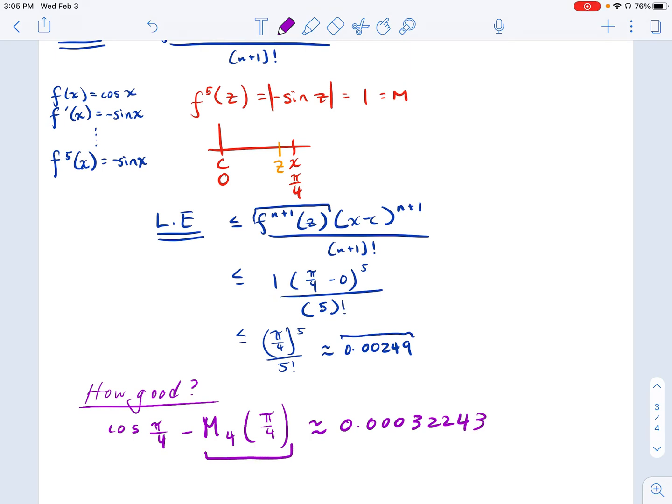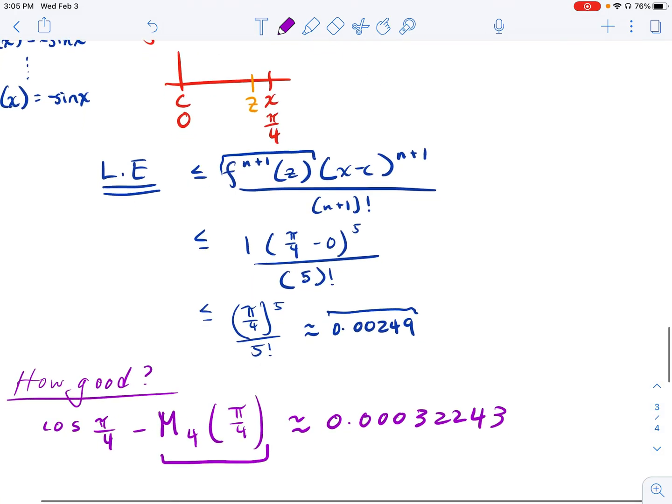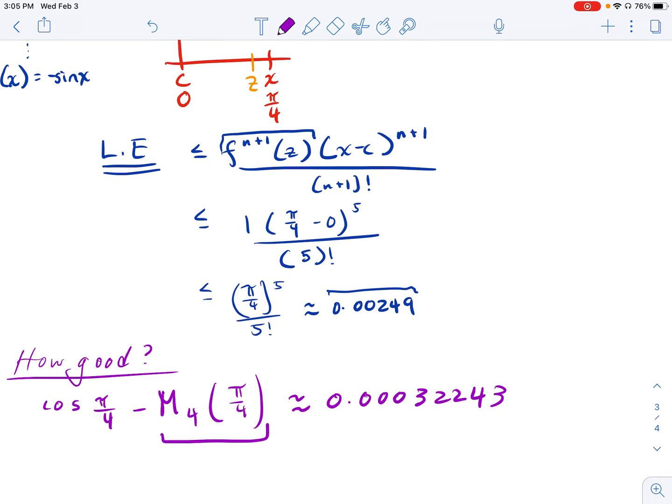So even though our Lagrange error looked really good at the beginning, we're like, hey, we're pretty good to 2/1000ths of a place, our actual error is way smaller than that. But again, that's fine because this is to give us the largest possible error that we could have.